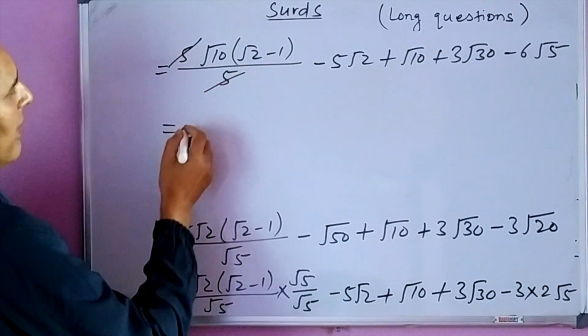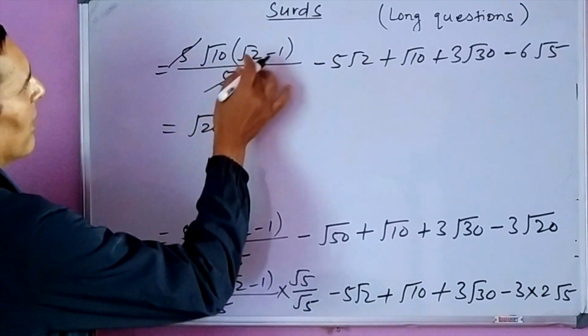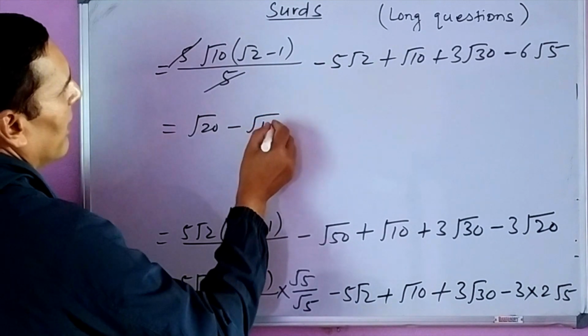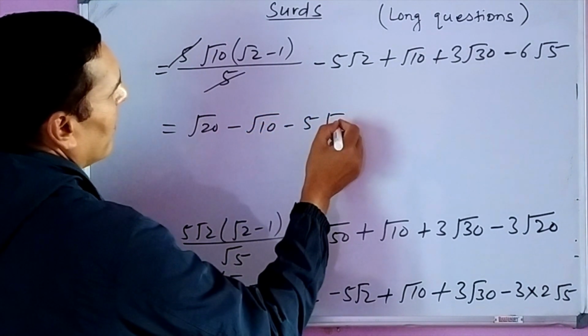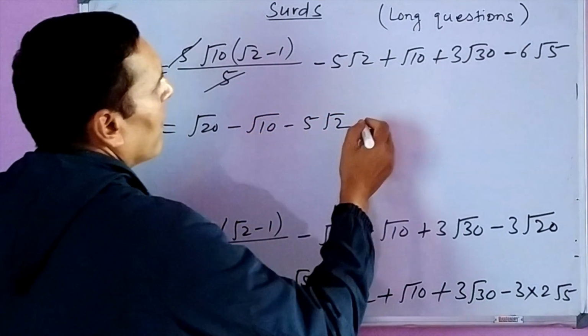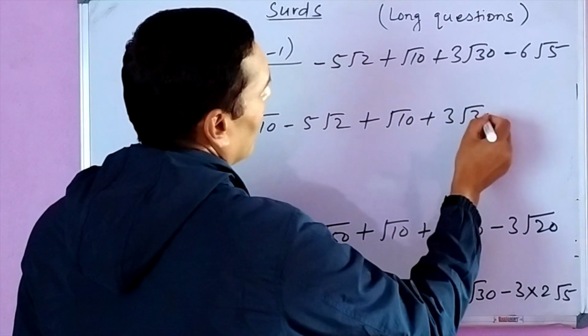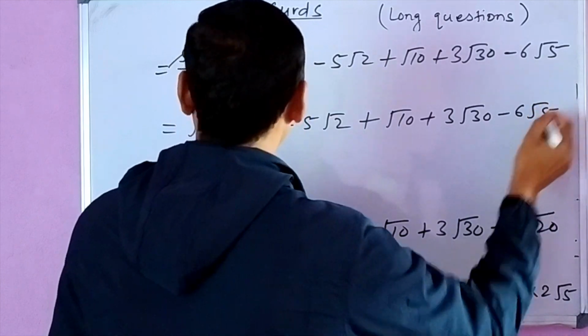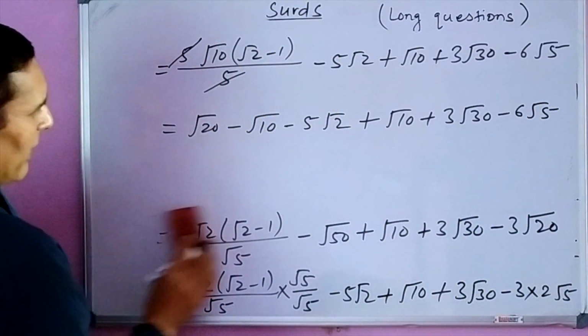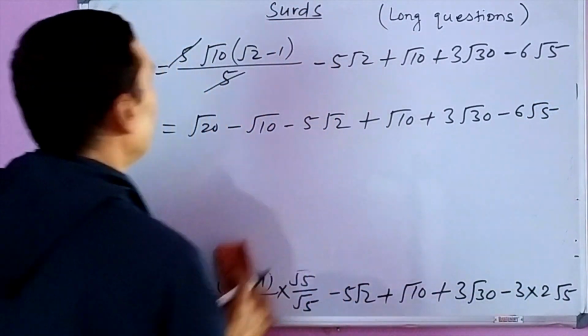Now open the bracket here. This is √20 minus √10 minus 5√2 plus √10 plus 3√30 minus 6√5. We do not have the denominator here, also we don't have to take the LCM.